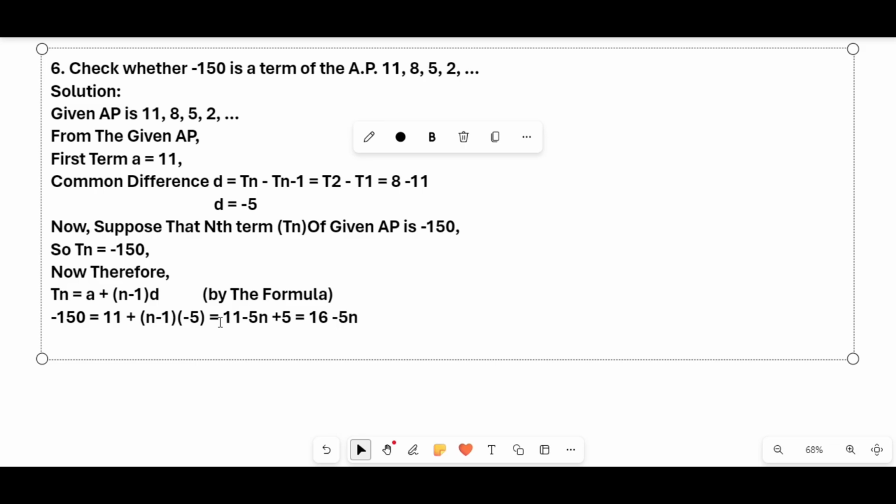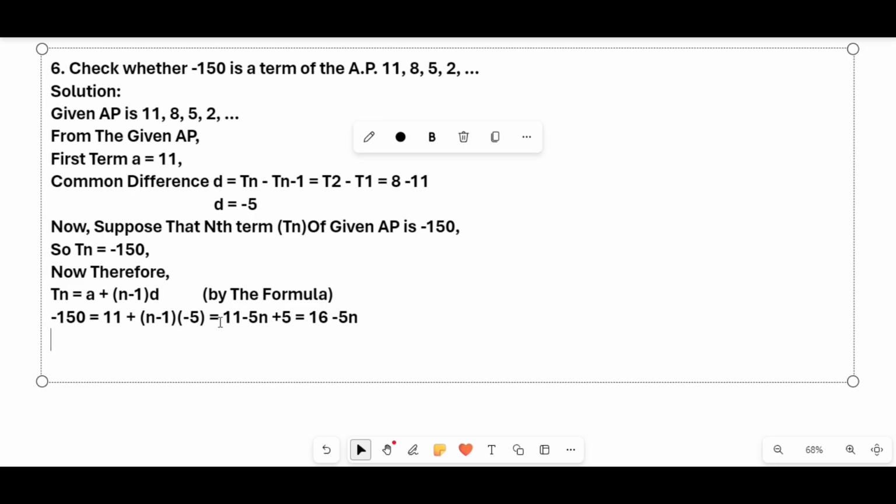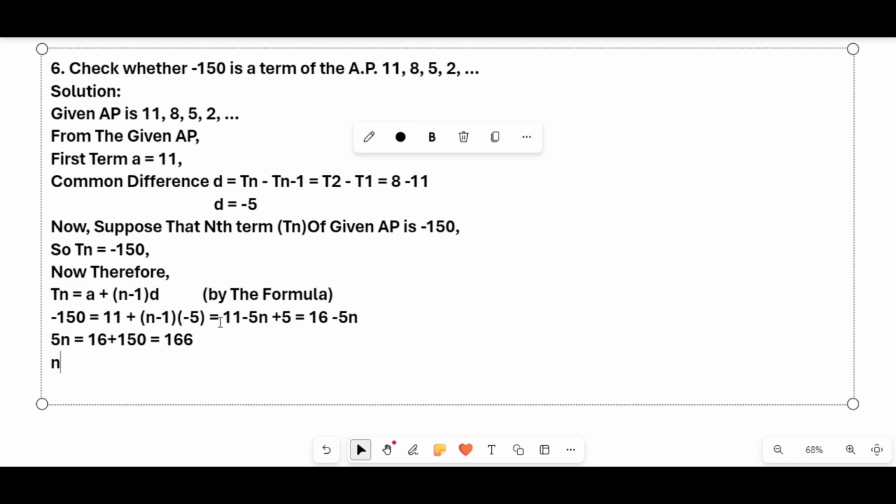Now 5n will transfer to the left side. 5n is equal to 16 plus 150, which is 166. So n is equal to 166 divided by 5.